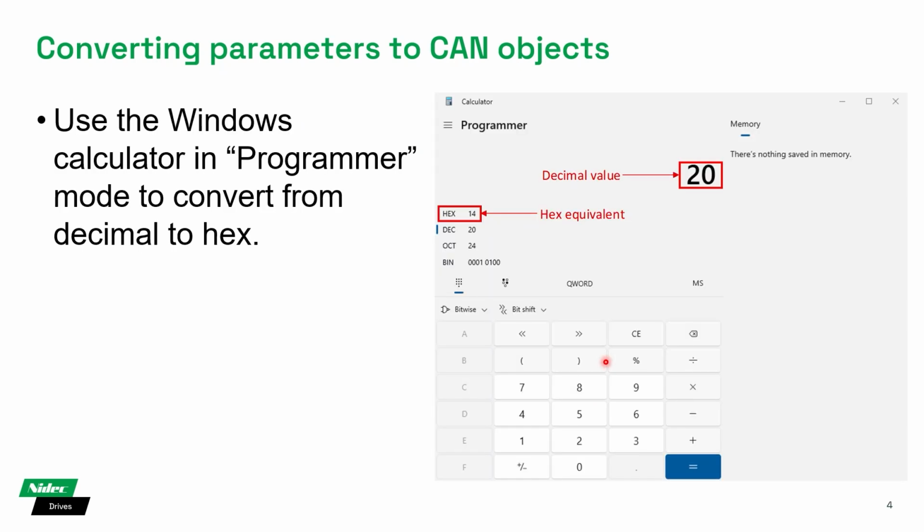If you're having any problems making the conversion between decimal values and the hex equivalent, you can use the calculator in Windows in programmer mode. Enter the decimal value, it will be in decimal mode by default when you first open it, and then the hex value will be there for you to use.